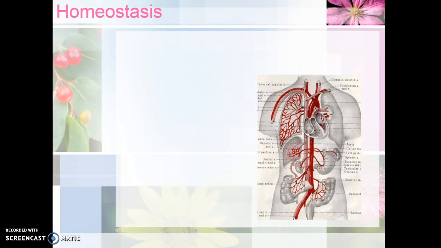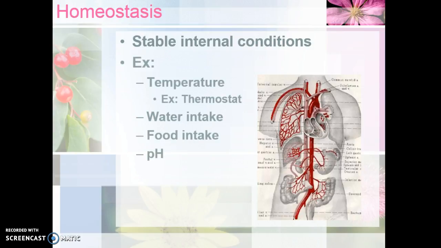So to explain some of these a little further, homeostasis is going to be a big term that we're going to talk about in all of our chapters. So this is one to make sure you know right away from the beginning, and it means stable internal conditions. Some examples: your internal temperature, water intake, food intake, how that's regulated inside your body, the pH levels inside your body.